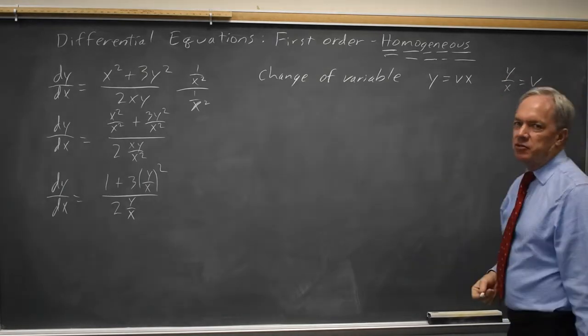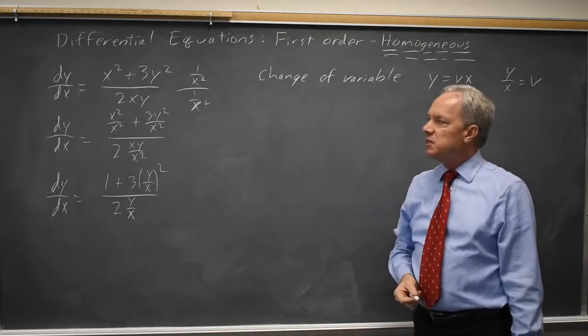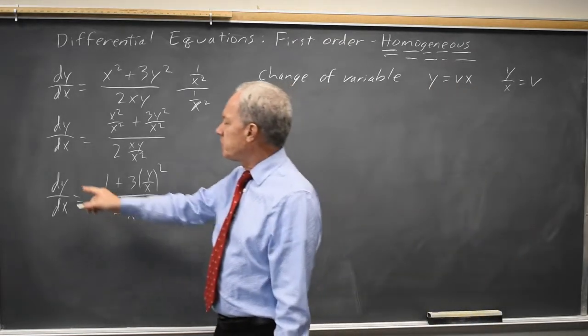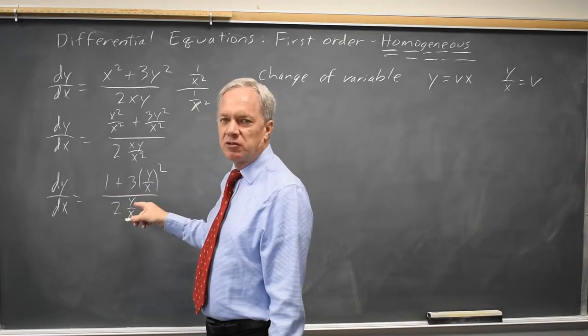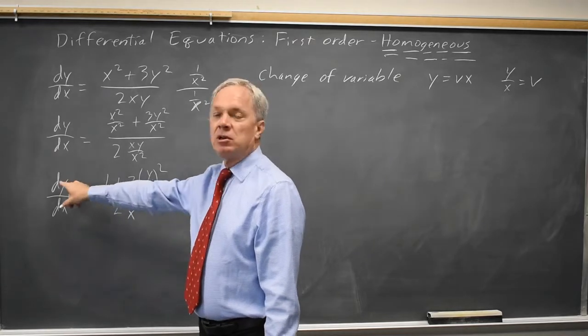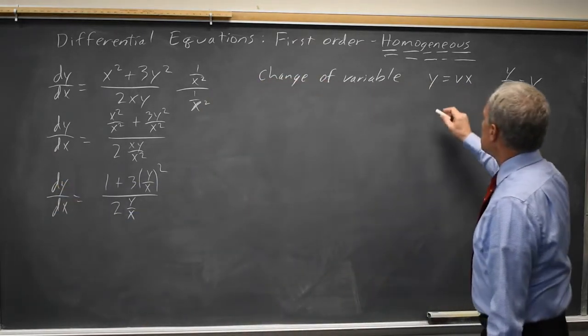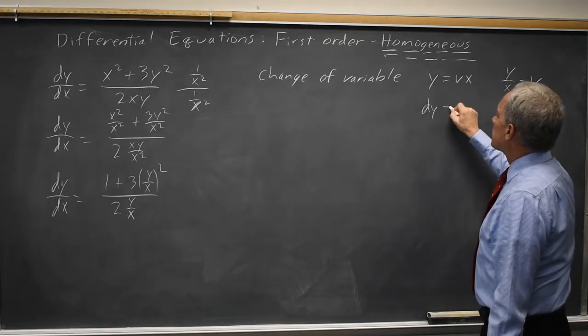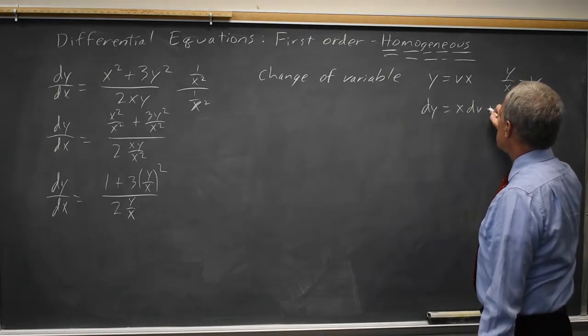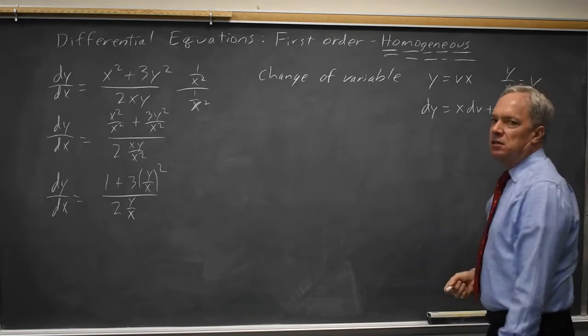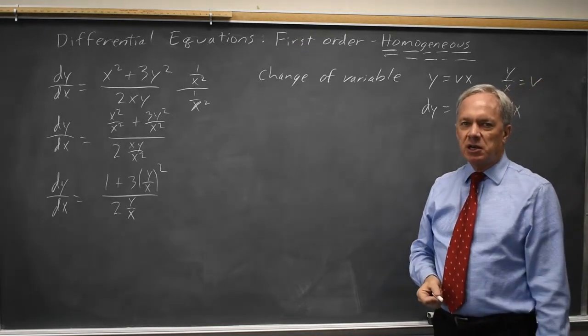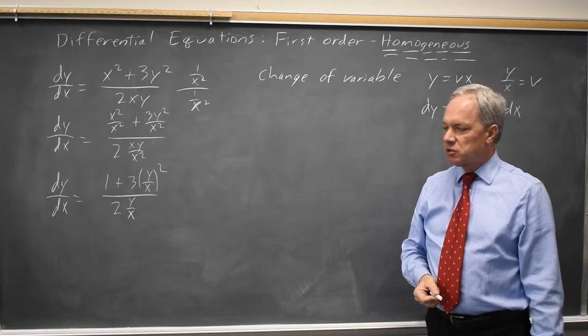I prefer y equals vx because we also have to replace dy. We can't have dy dx equals some function of v. We want dv dx equals some function of v. But to get there, dy equals x dv plus v dx. The product rule on dy gives us the correct change to our variable v.